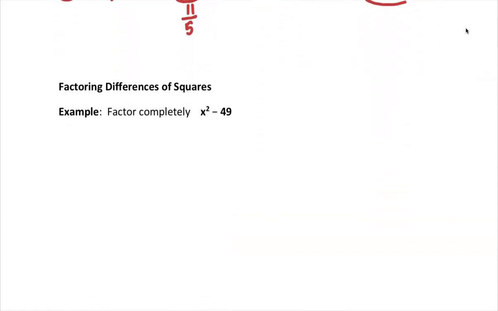So when we do have the pattern of a perfect square subtracted by another perfect square, then we use this perfect square factoring. So we set up our parentheses. This first term gets square rooted and placed in that first position.